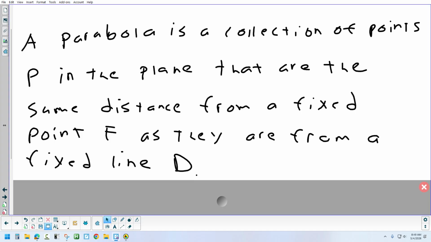So a parabola is a collection of points on a curve that are equidistant from a special point called the focus and a special line called the directrix. I'm going to show that to you as a picture, and hopefully the picture will make more sense.